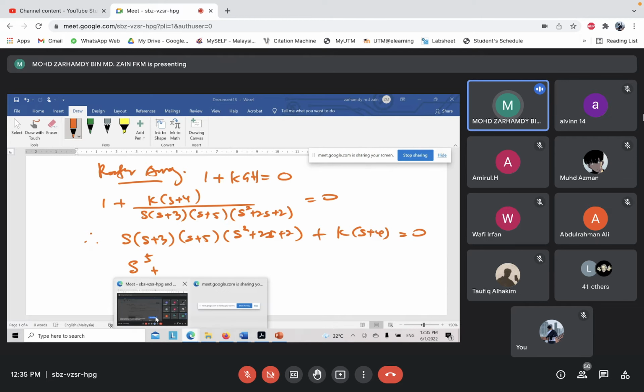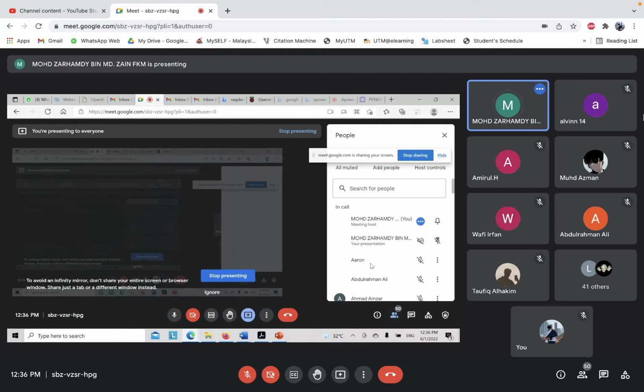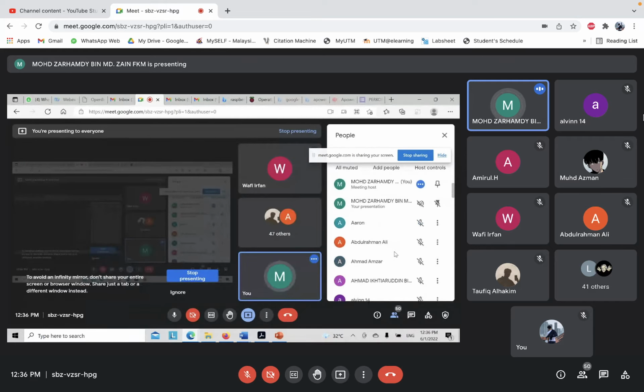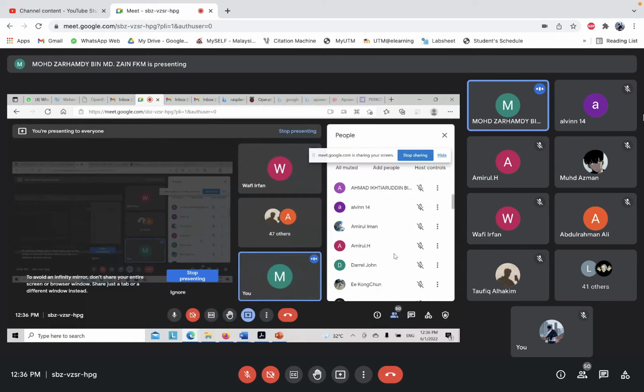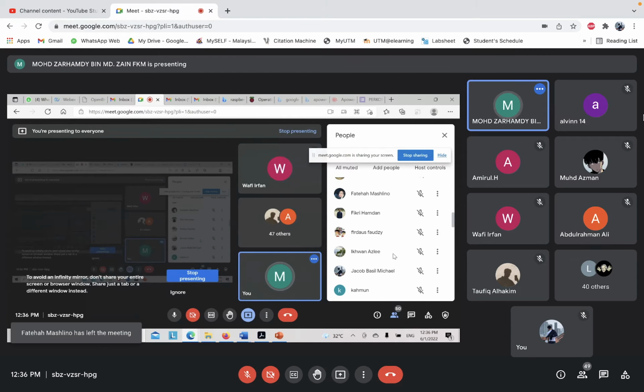Siapa yang paling cepat ni? Tanya sikit. Lim? Lau? Amirul? Azman? Aaron? Elvin? Amirul ada 2 orang. Darren? Kong Chun? Faiz? Fatihah? Fikri? Firdaus? Irwan? Jacob? Dapat? Kahmun?